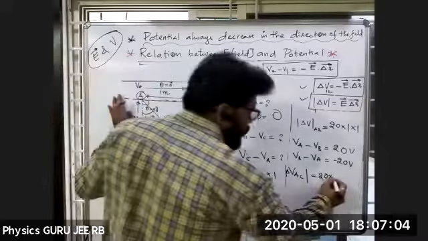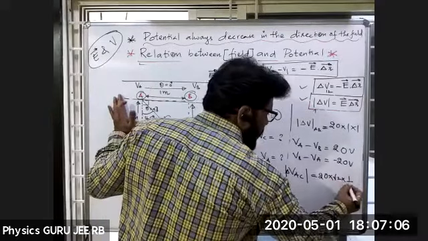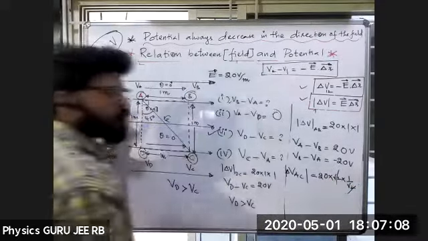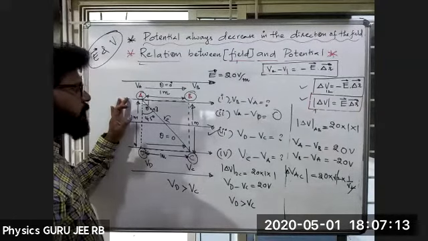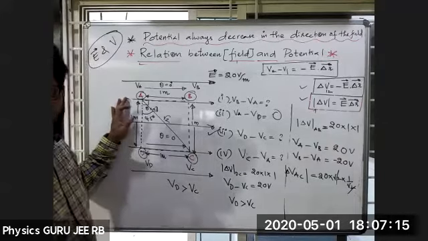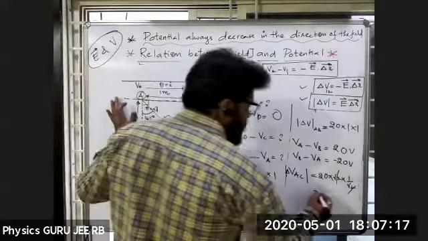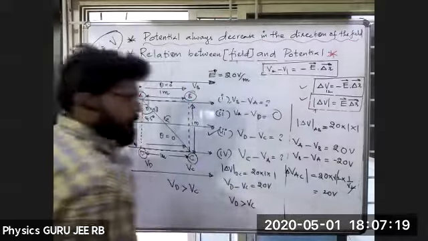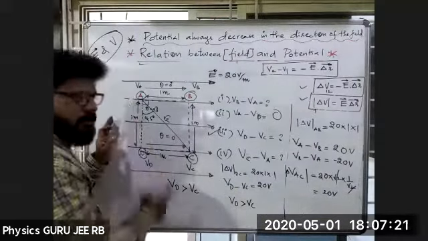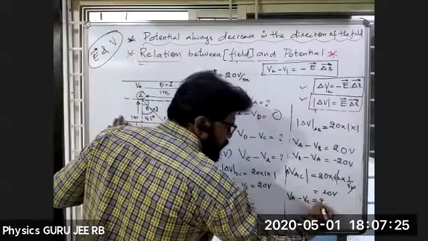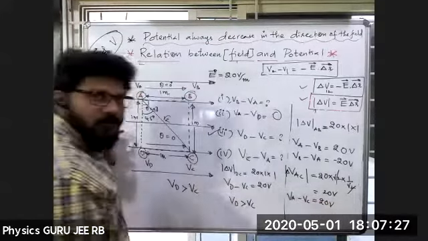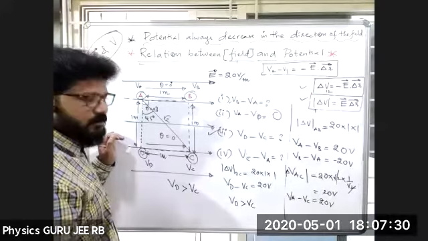This is root 2 into cos of 45, which is 1 by root 2. Displacement at 45 degrees, so these two will get cancelled. We are getting 20 volts. So from A to C, VA minus VC is equal to 20 volts. Yes or no?